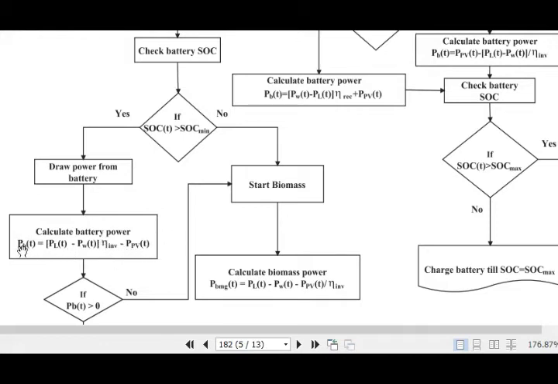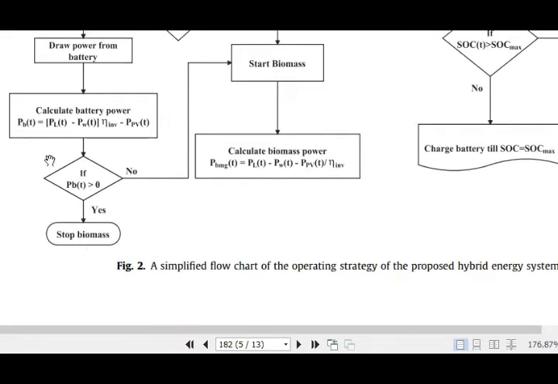The remaining energy will be provided by the battery. Again we will be comparing whether the deficient power is provided to the load by this battery.